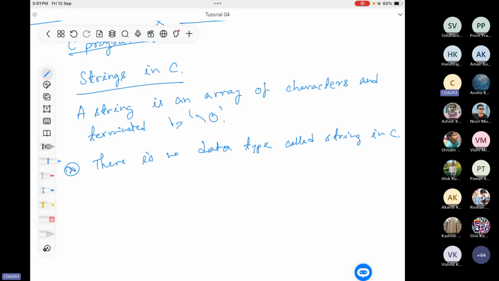You have to use characters for that. Now, how do you define strings? char corresponds to the character variable.